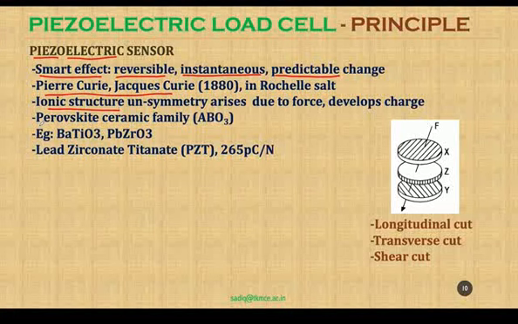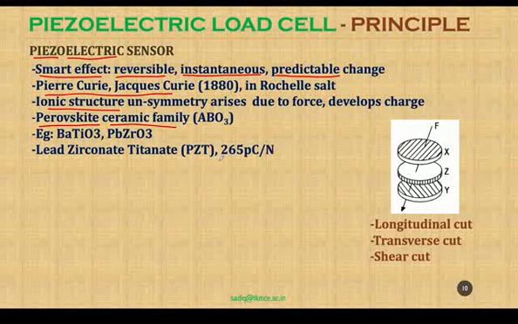Certain material families, such as the perovskite family in ceramics, will display this kind of piezoelectric effect. Examples of such materials are barium titanate, lead zirconate titanate, etc. Lead zirconate titanate, PZT being a common abbreviation, is one of the commonly used piezoelectric materials in piezoelectric dynamometers or load cells.